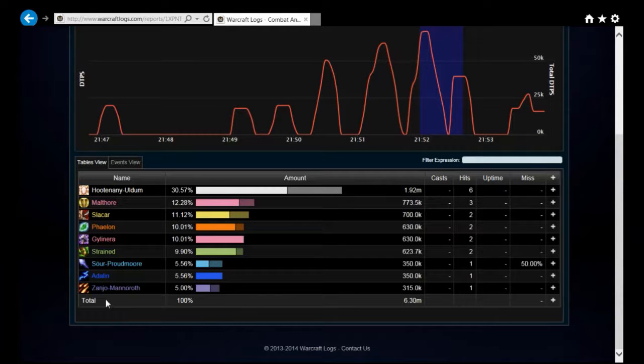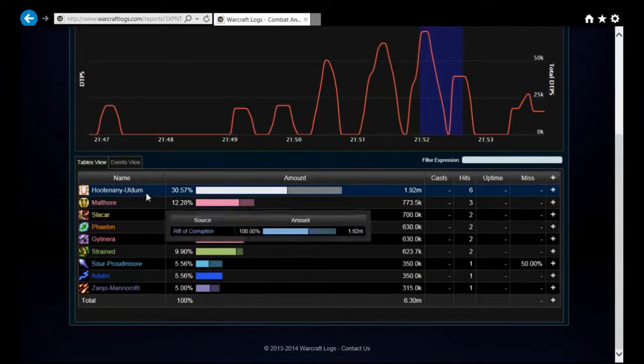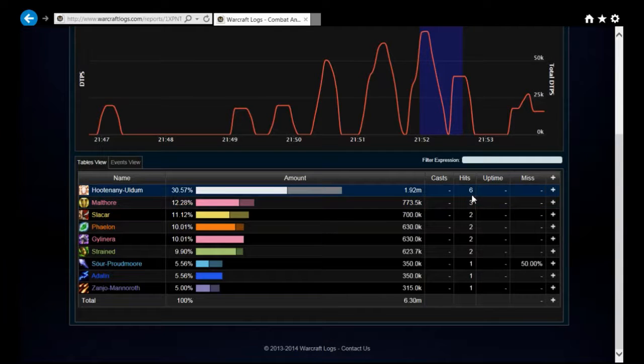But usually before I congratulate anybody about a certain mechanic, I make sure that something else did not suffer because of it. A great example is Hootenanny: we didn't have any deaths in this particular pool, and we didn't have anybody get overcome.